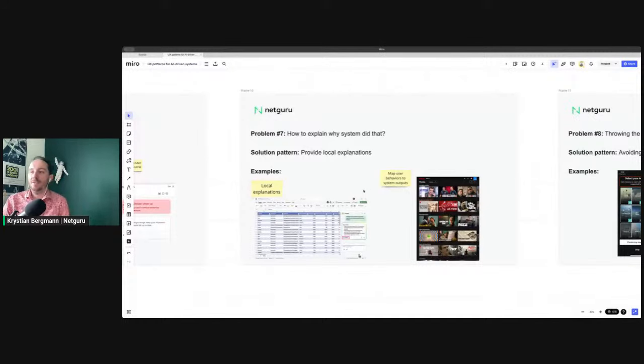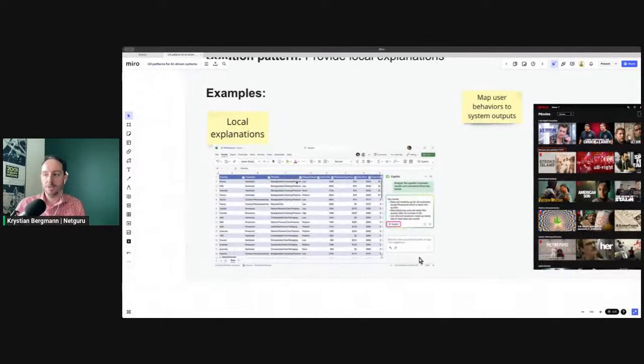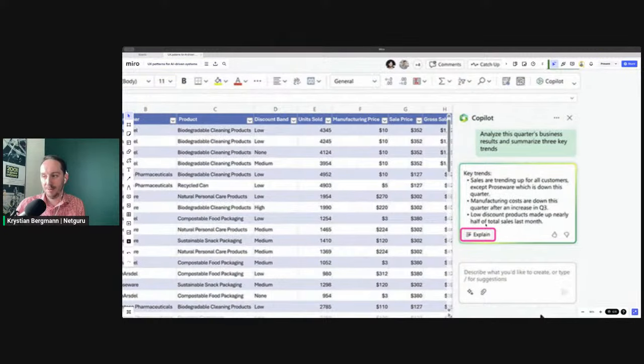Problem number 7 is, and again, a very open topic, specifically around generative AI, explainability. So the good pattern means how to explain why the system did some specific action, right? So usually for the system this will mean providing local explanations. So in terms of Excel Copilot, you may find the button explain, right?